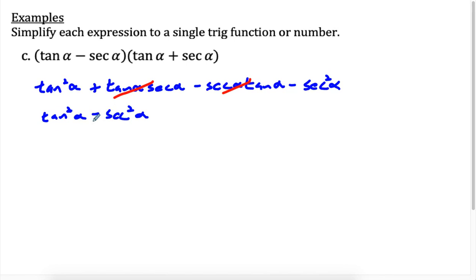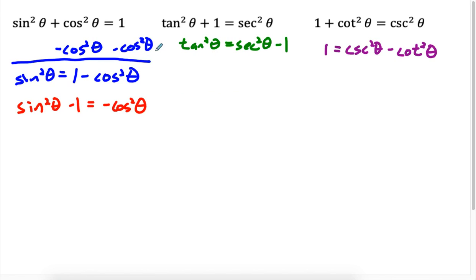So we just said whenever we see trig functions squared, we want to think about our Pythagorean identities. So if I go back to those, right, well, I've got one that deals with tangent and secant. Is there any way for us to say that tangent squared minus secant squared is equal to something? Well, if I take this and subtract secant squared over, we'll have tangent squared minus secant squared equals negative 1.